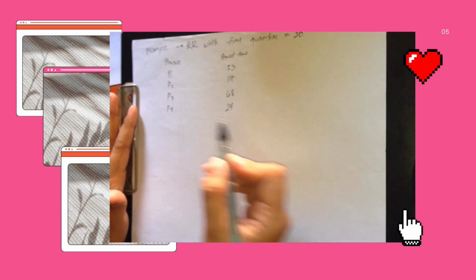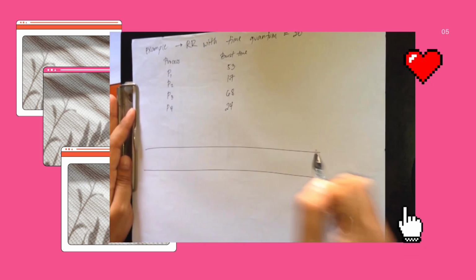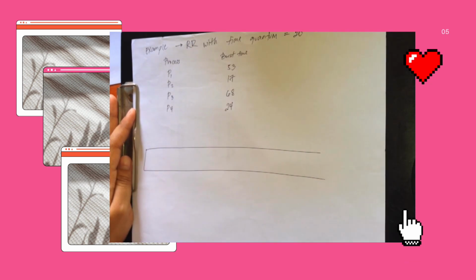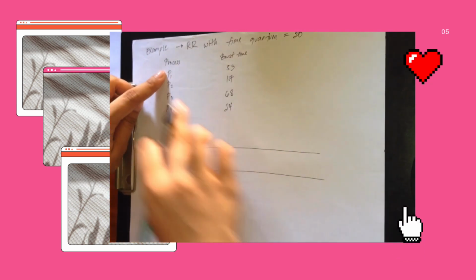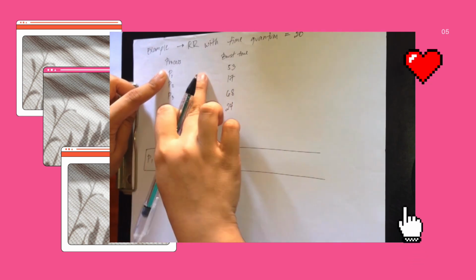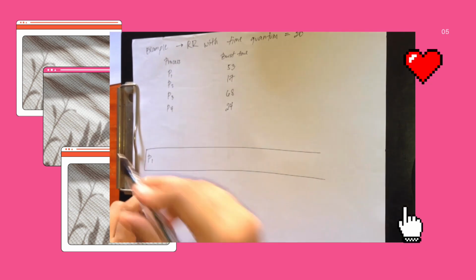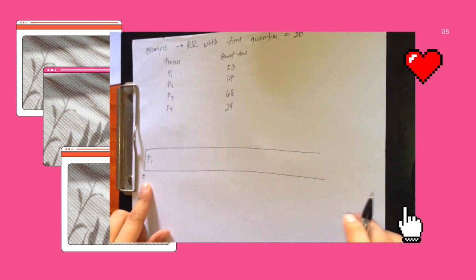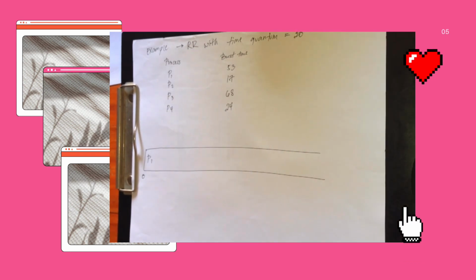The first thing we need to do is select P1, because this is the first process, and our starting value is always 0 and our limited time is 20.